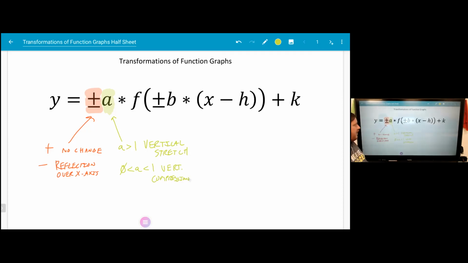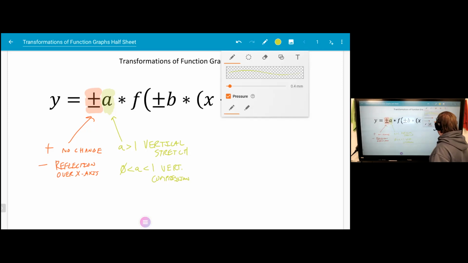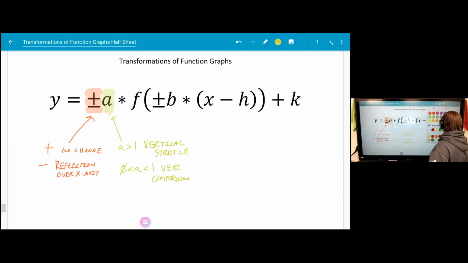Okay. I'm going to do my last vertical one also here real quick. We're going to do all the verticals. Again, vertical happens outside of the function. That's this guy over here, this K value.